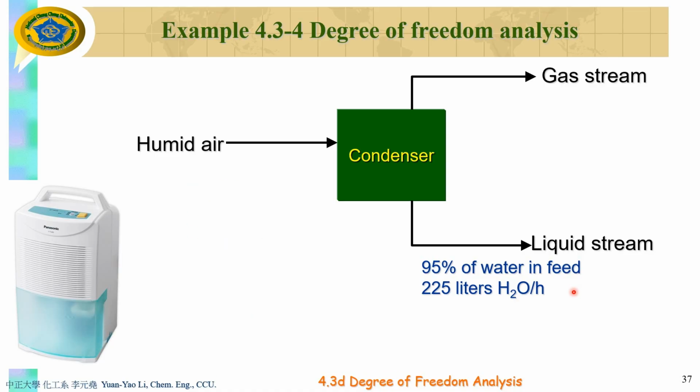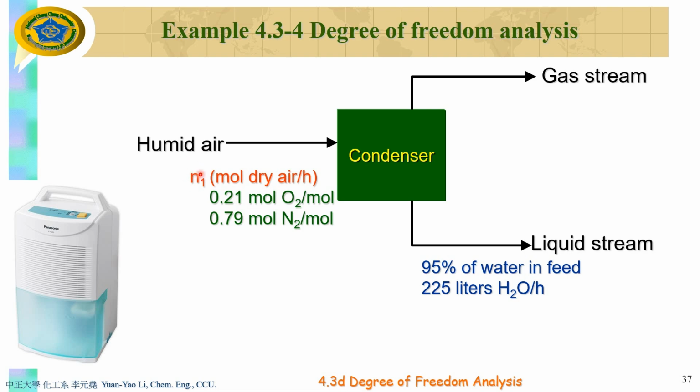And then they also tell you that the humid air has 21% oxygen. That's what you know. But what you don't know is the amount of the humid air, or in this case, dry air, right? And also what you don't know is the amount of the water in this. So humid air contains dry air and water, right? So you have N1 and N2. That's what you don't know. And the unit here is mole.